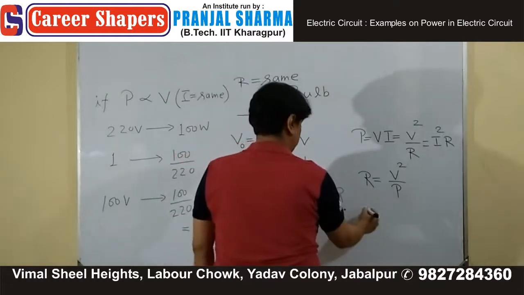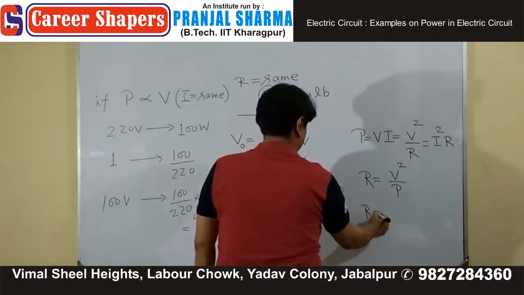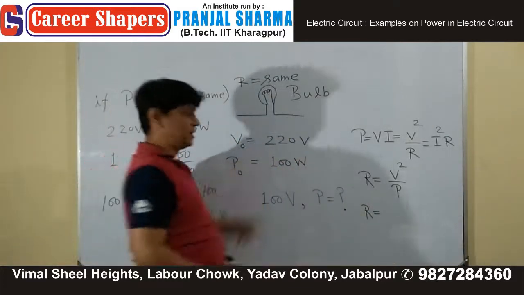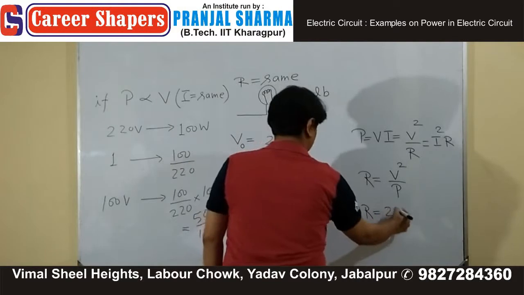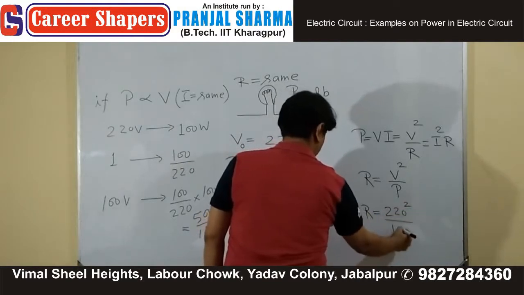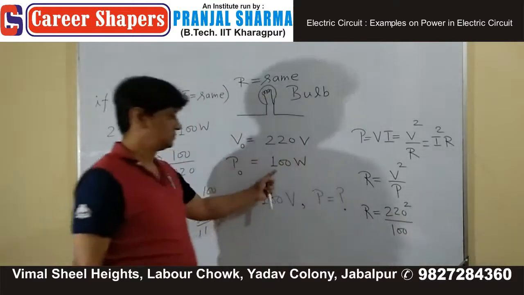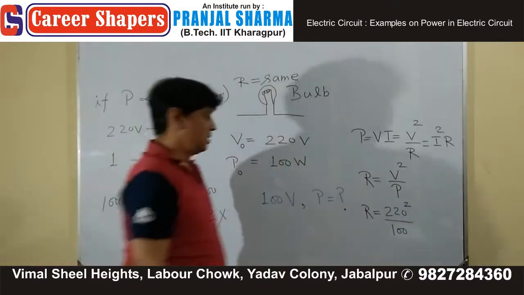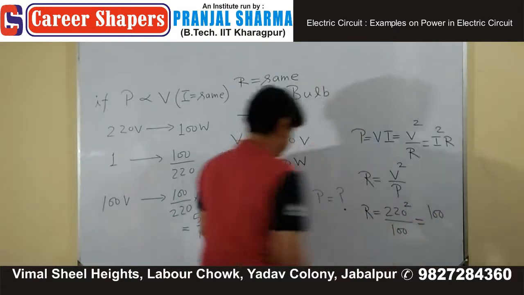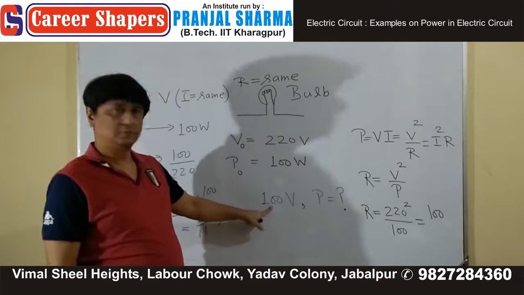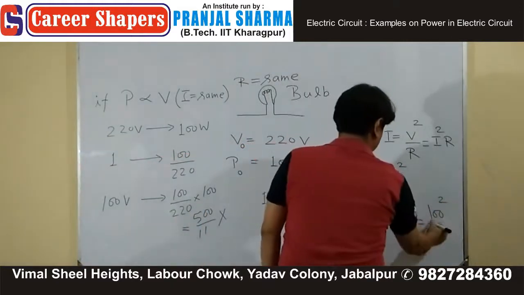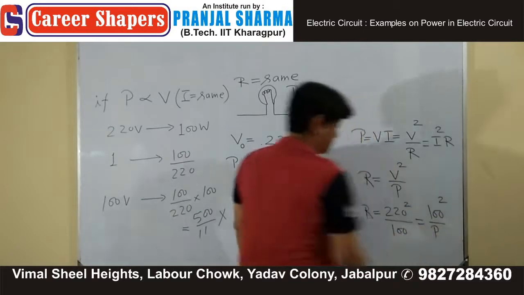It means what? R initially, what is the voltage? 220. 220 square divided by the power, which is 100. Finally, the new voltage supply is 100, so 100 square divided by new power.